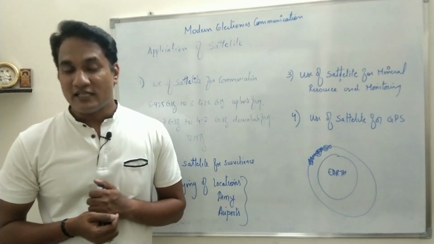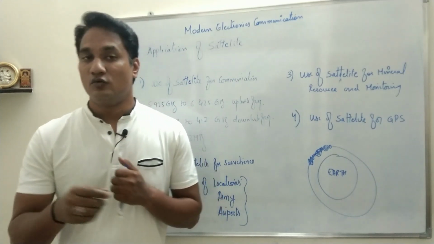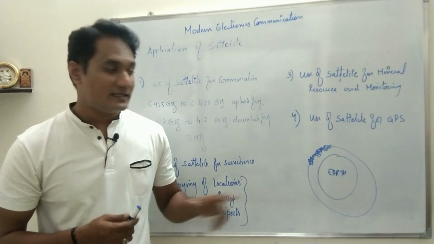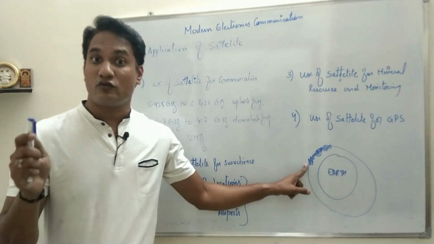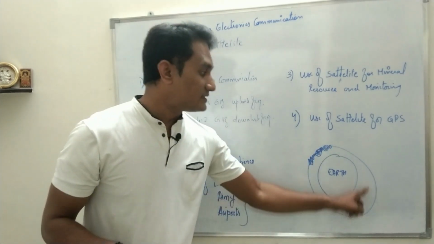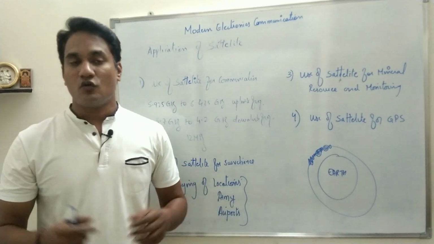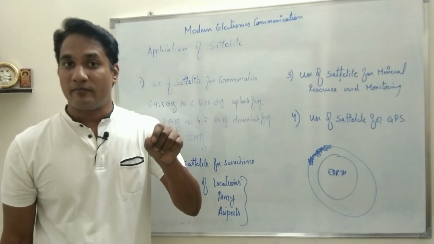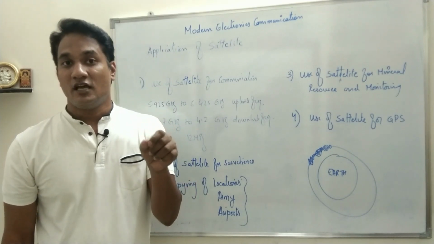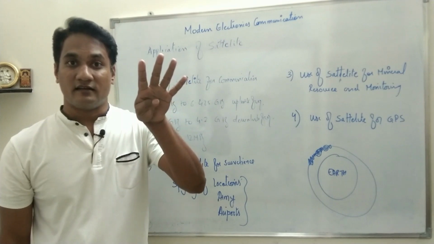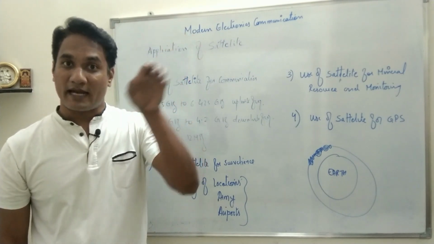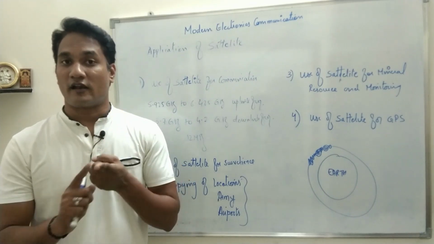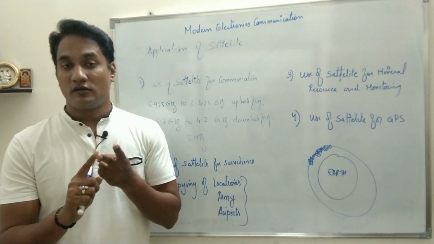As soon as you open Google Map, you are sending a signal to the satellite. Which satellites? Low Earth orbit satellites. There are 24 such satellites placed in an overlapping condition around the earth. So as soon as you open the map for navigation, you are sending a signal to 4 such satellites. Those 4 satellites send the signal back to the Earth station, which remotely accounts for your longitude, latitude and altitude.